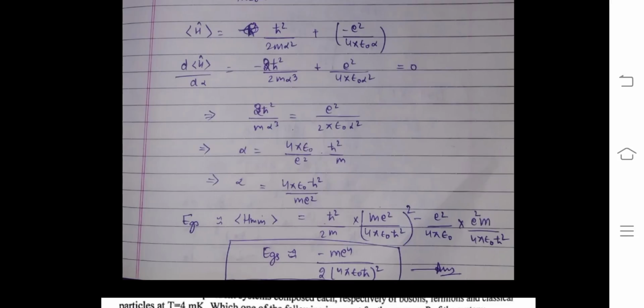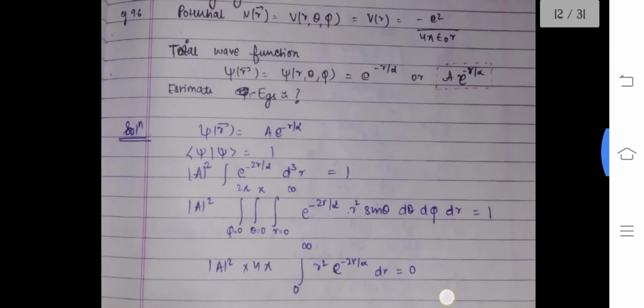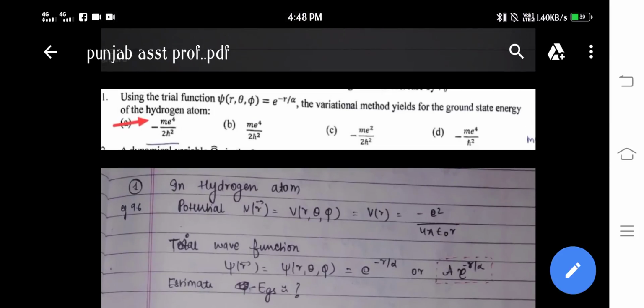Here 4 pi epsilon naught, in this question they have considered as 1. In usual questions they consider it as 1, or maybe in some other units they have converted. So if I see the options, here are the options. Obviously the option with a plus sign is incorrect, because a positive value cannot be the ground state energy, as it is a bound state, and in a bound state we always have negative energies.